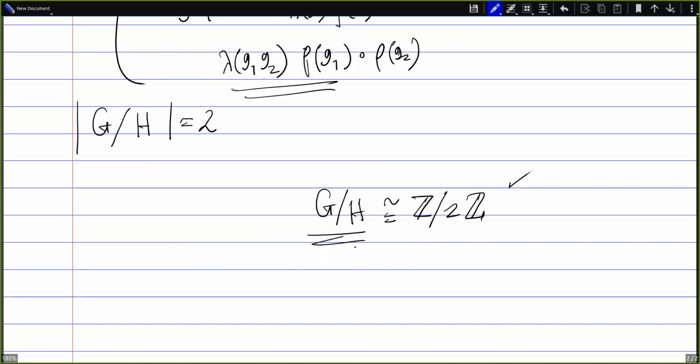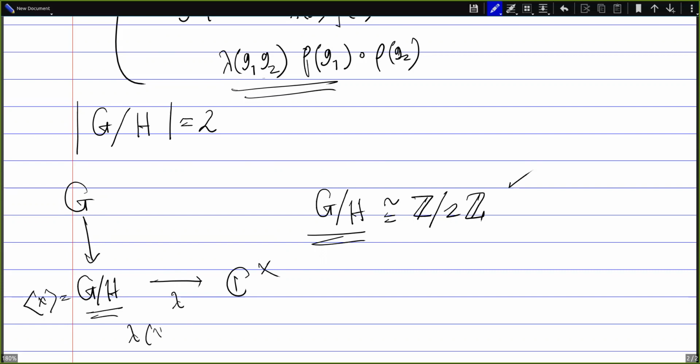So if we take the lift of that character using this quotient map, then we get the following. So let lambda hat be the map in this context, where this is generated by x, which sends x to -1.